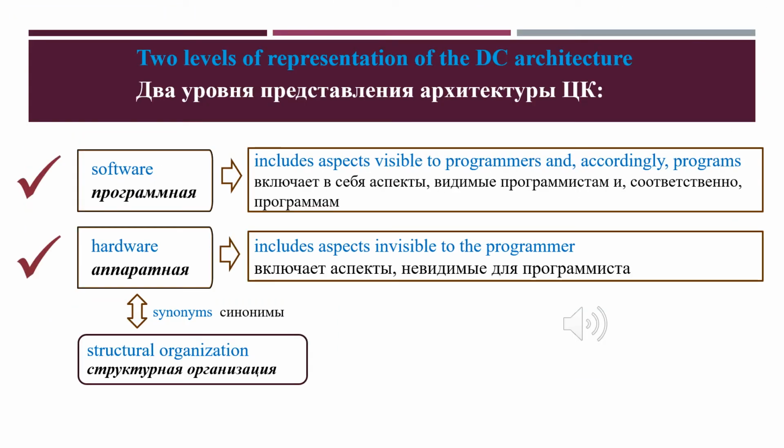Two levels of representation of the DC architecture. Software includes aspects visible to programmers and accordingly programs. Hardware includes aspects invisible to the programmer. Synonyms: structural organization.